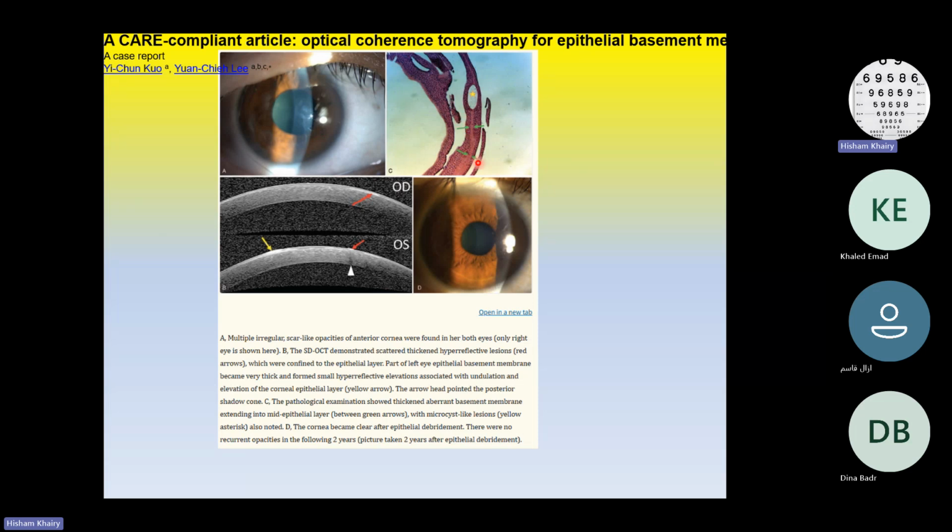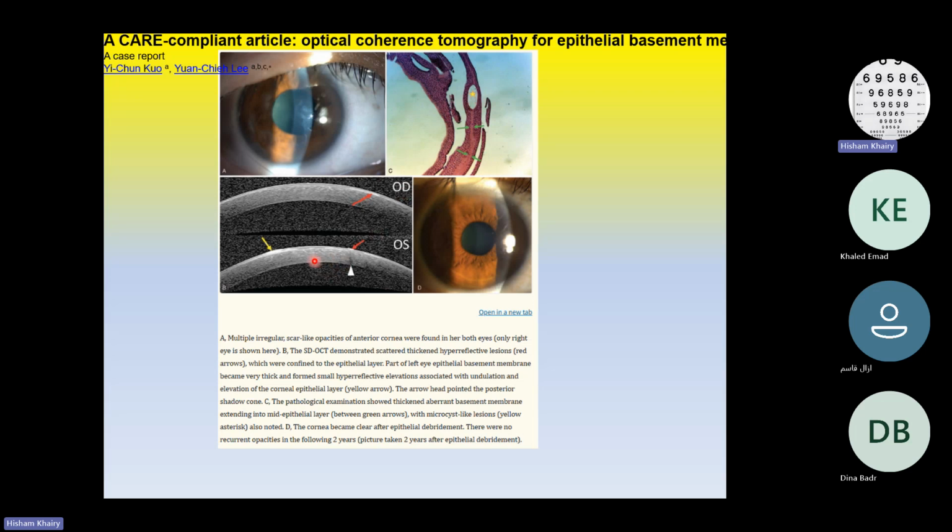As you can see, the debrided epithelium has changes, like ectopic basement membrane inside the epithelium. Abnormal parts of the basement membrane are curled or inside the epithelium, and sometimes there are cysts.